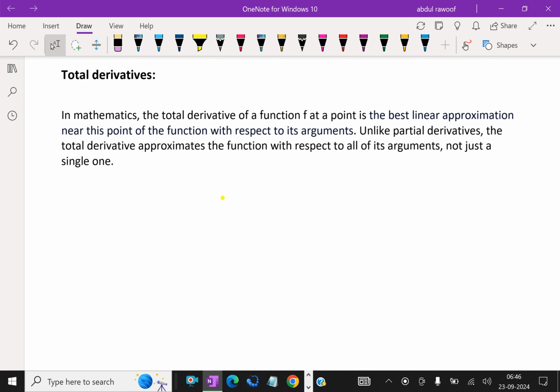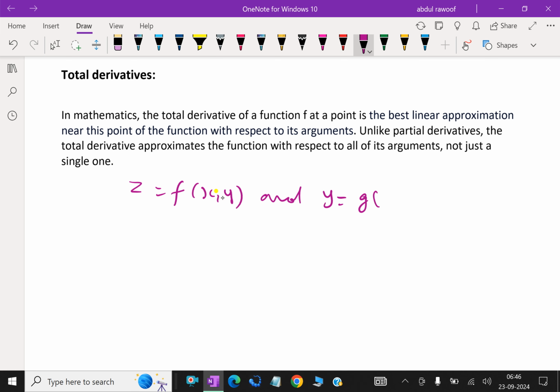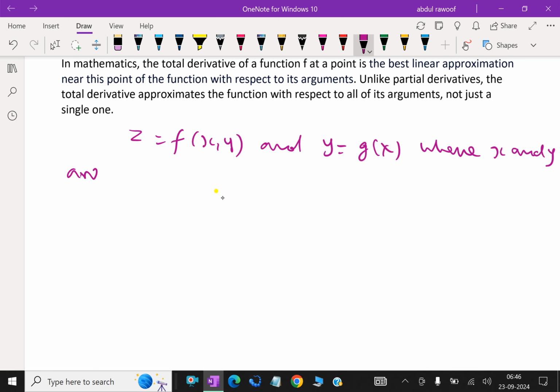Suppose we consider the function z is f of x comma y, and y is a function g of x, where x and y are not independent.